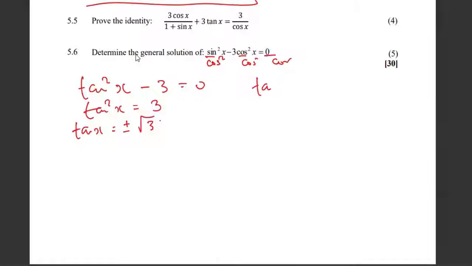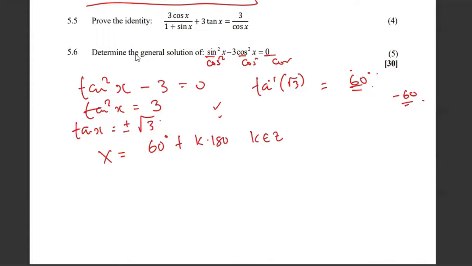Shift tan of root 3 gives us a 60. That's our first reference angle, if we're looking at the positive part. If we're looking at the negative angle, then it's going to be a negative 60. So if we're looking at the positive, tan is positive in the first and the third quadrants, meaning that x should be 60 plus k times 180, k is an element of integers.